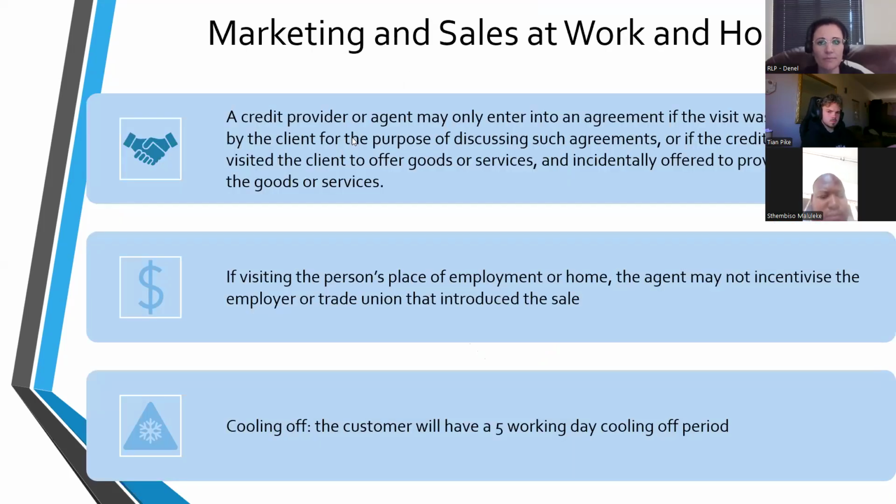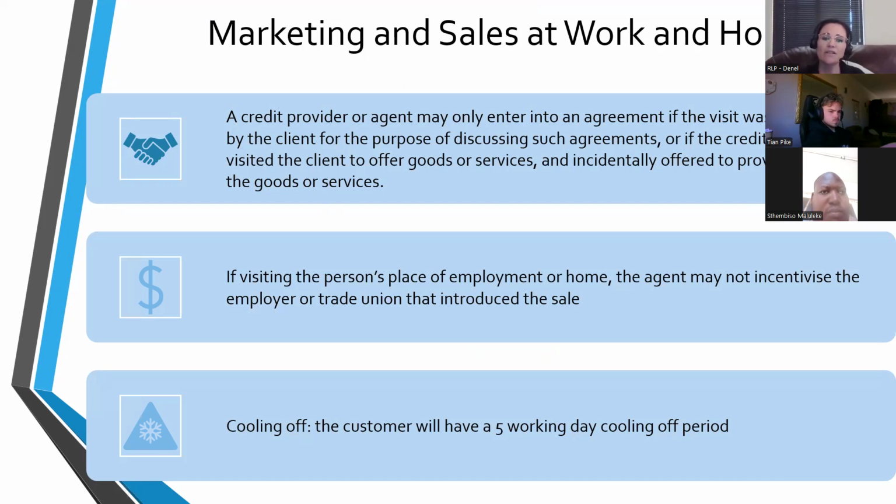Okay. Then marketing and sales at work and home. So a credit provider or an agent may only enter into an agreement if the visit was pre-arranged by the client for the purpose of discussing such agreements. And then if the credit provider visited the client to offer goods or services and then incidentally offered to provide finance for these goods or services.